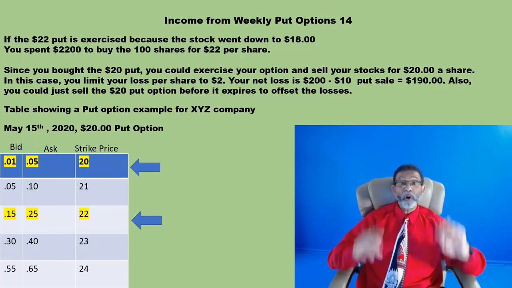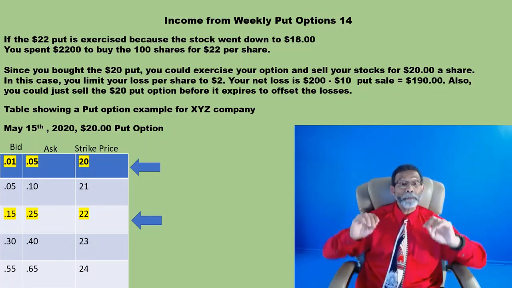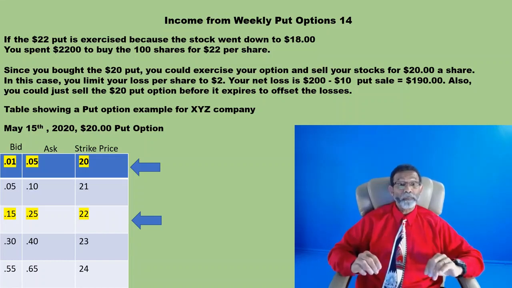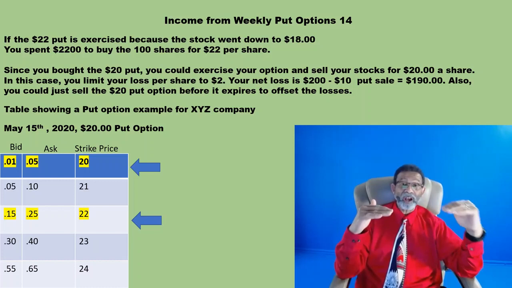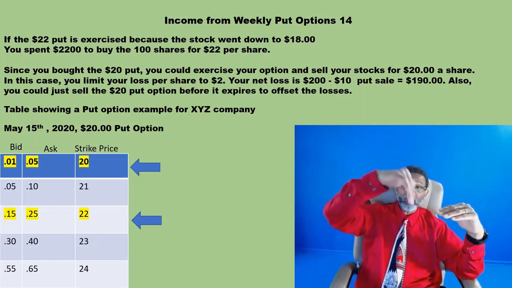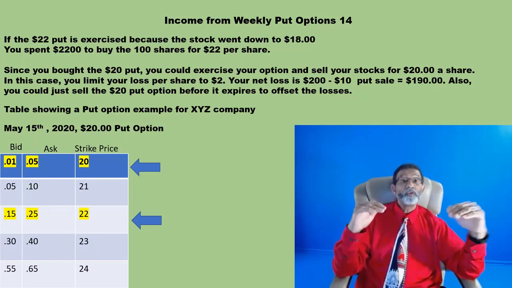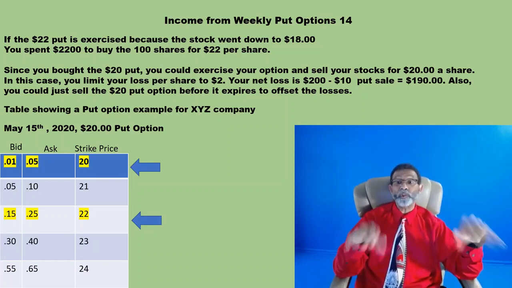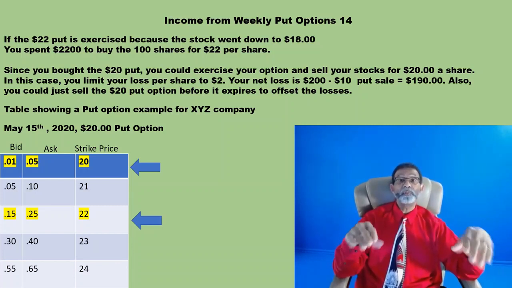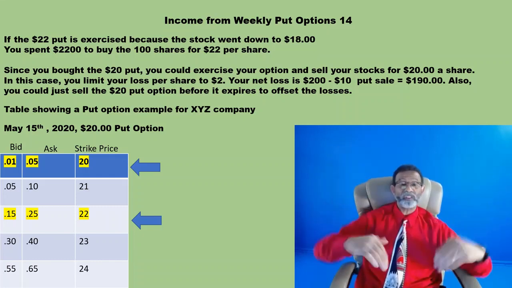Now, since you bought, in this case, the $20 put option, you have protection beyond the stock going down beyond $20. So you could, in this case, exercise your option and sell the stocks for $20 a share, since you bought the $20 put option as downward protection.